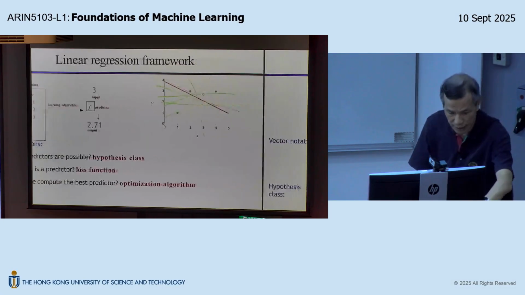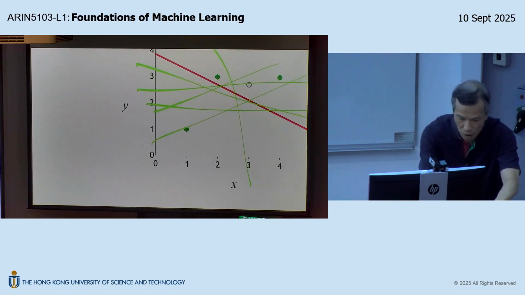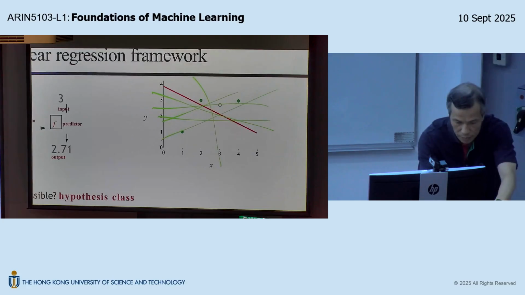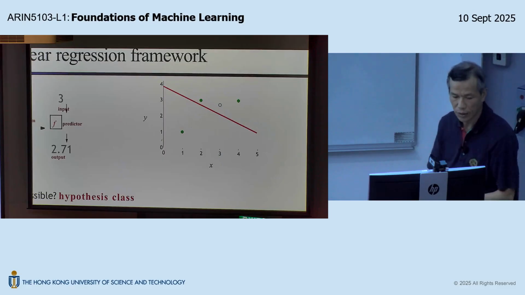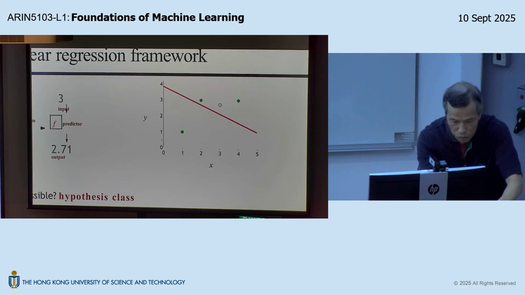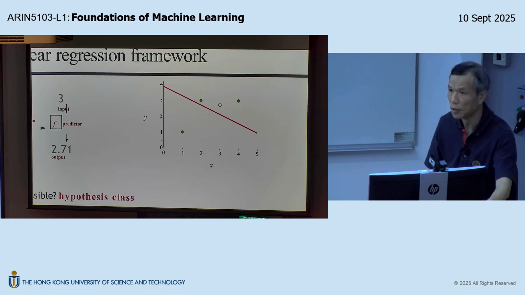Obviously in this example, you are given the 3 points, and now you use this particular red line. Is this line good or bad? You want to capture the underlying relationship between x and y, so you use this red line.